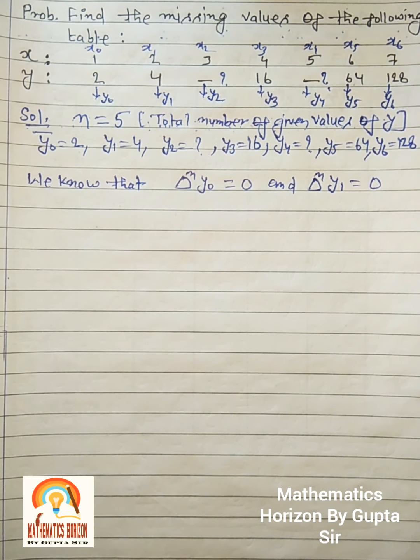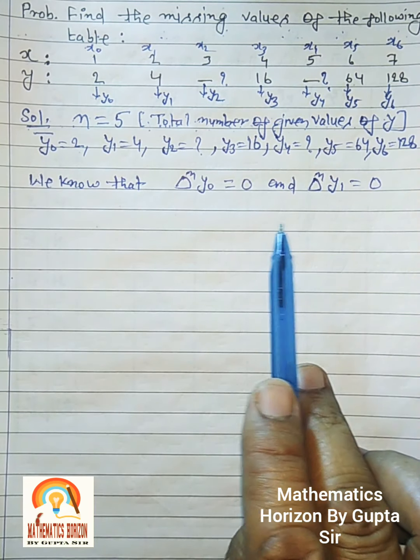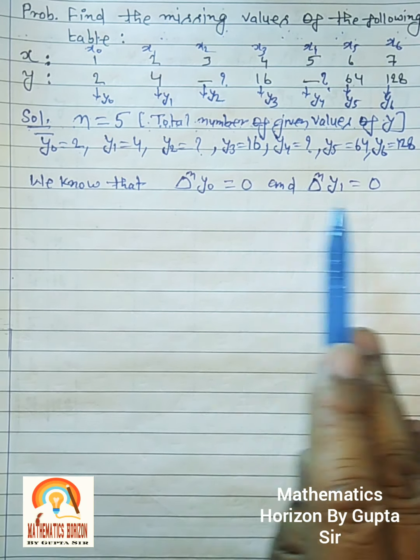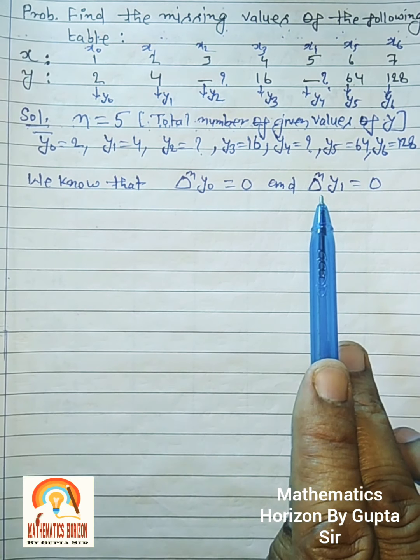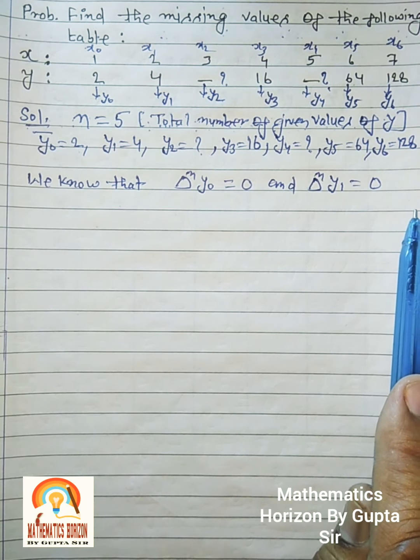These are the two formulas of the Newton binomial method for obtaining two missing values. If there are three missing values, then one more equation is added here, del n y2 equal to 0.